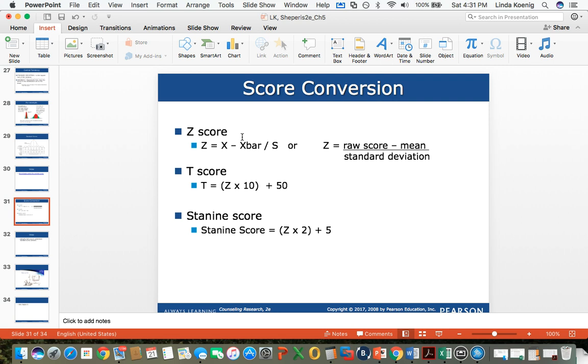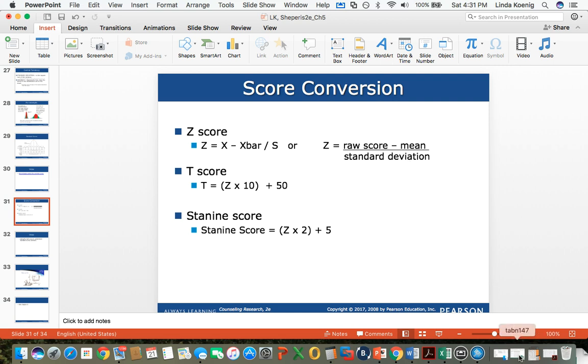The formula for converting a raw score to a z-score is very simple. We take the raw score, which in this case is 26, subtract the mean, and then divide by the standard deviation. It's always the formula for a z-score.